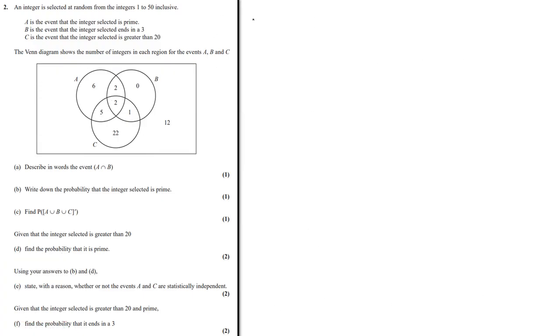So for part E, you can use your formula book. There are 3 formulas that we use to determine independence between 2 events. One of the formulas is the probability of A intersection C, so I'm using the same events here as what we're asked for, would be equal to the probability of A times the probability of C. Now we can't use this one because we haven't used the probability of A, for example, in B or D. So we can't use this formula.